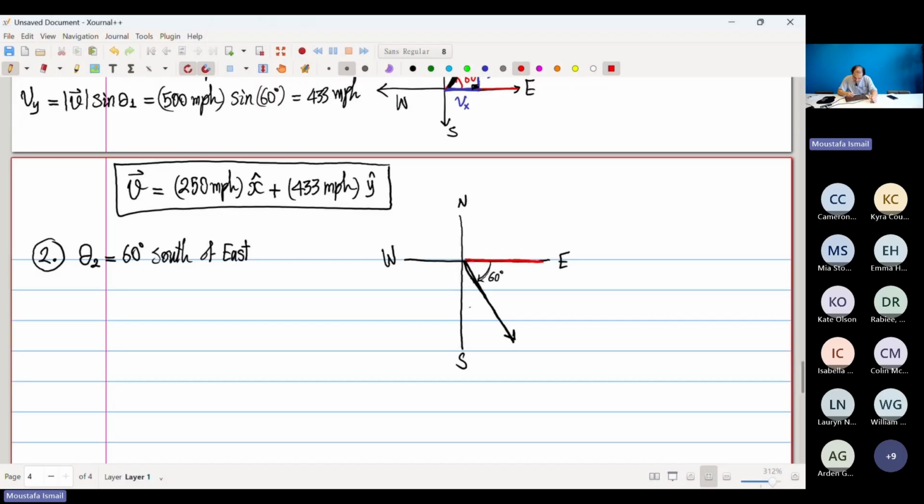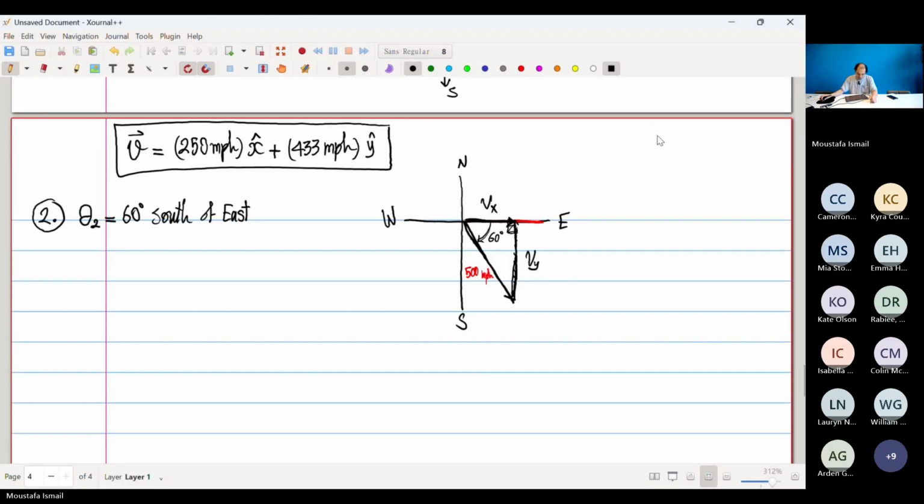The length of the vector is still 500 miles per hour, didn't change, but the direction changed. So now this is the x component, and this is the y component. Okay. Our formulas that we derived earlier were only when the angle was measured from the x-axis counterclockwise.